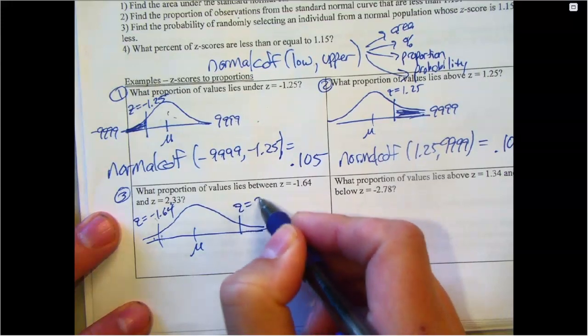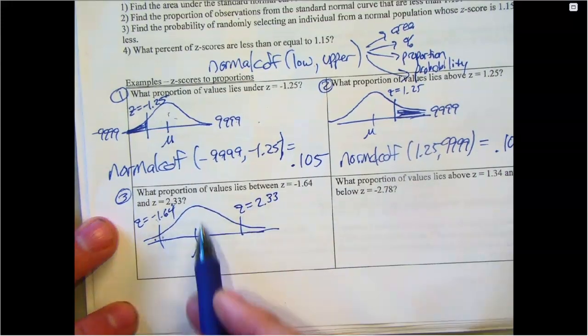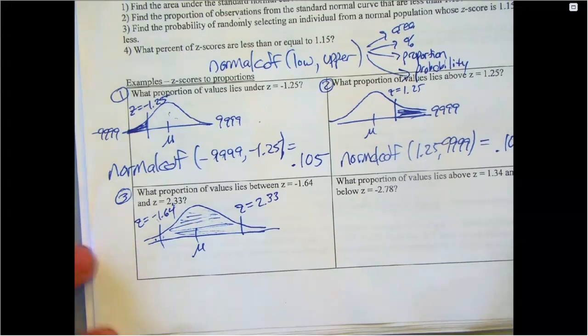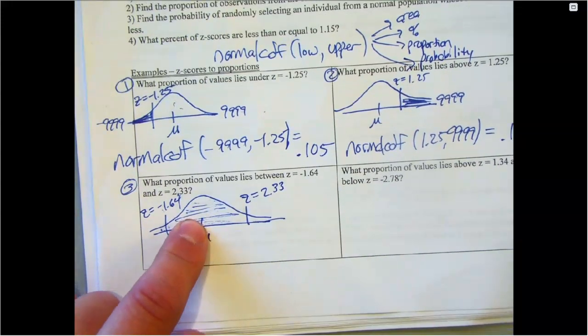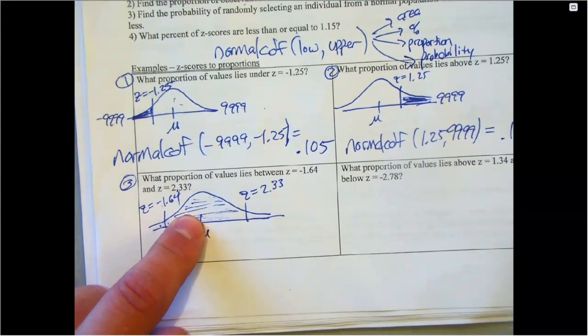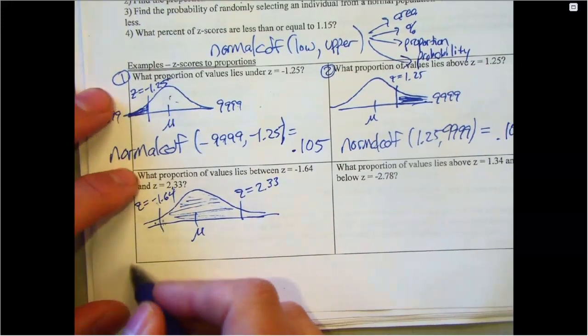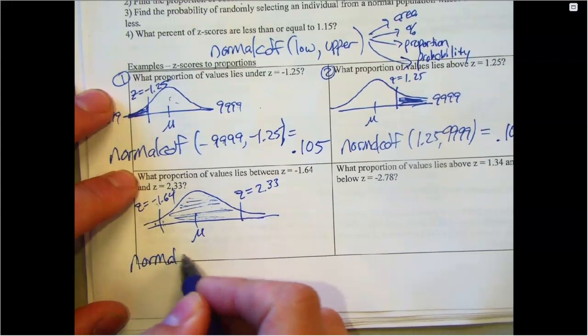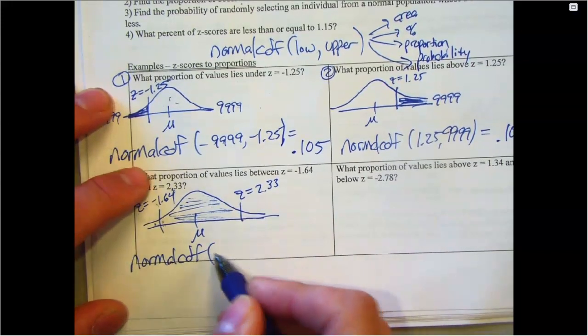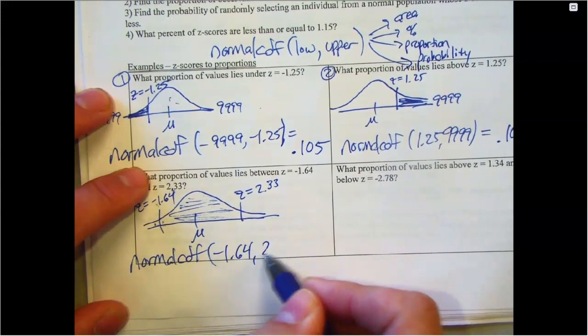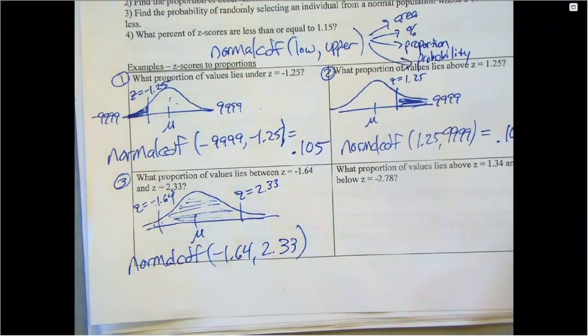And it's not that big a deal, because it's just a sketch, but we're looking for what proportion of values, what percent of values, what's the area, what's the probability. Those are all the same thing. And so I would go normal CDF, negative 1.64, comma 2.33.